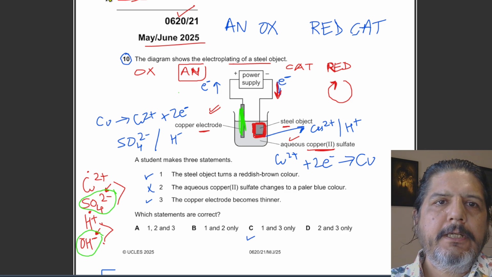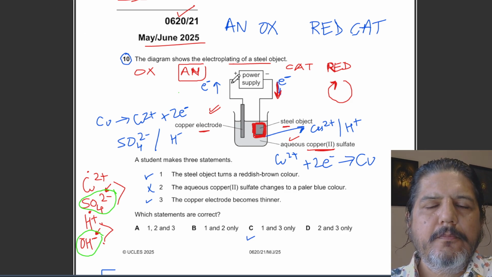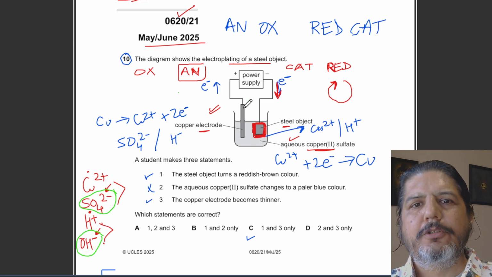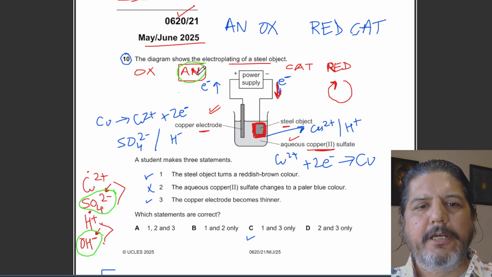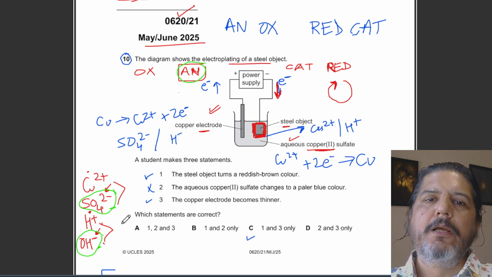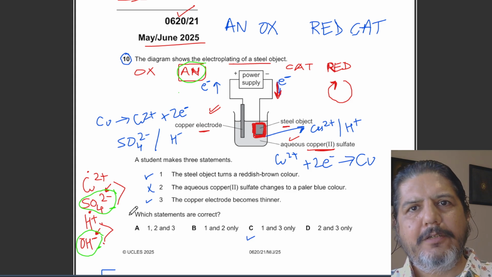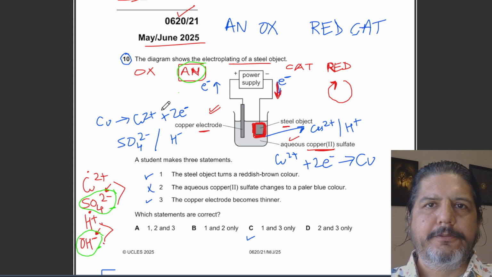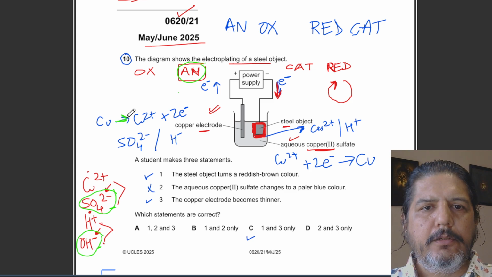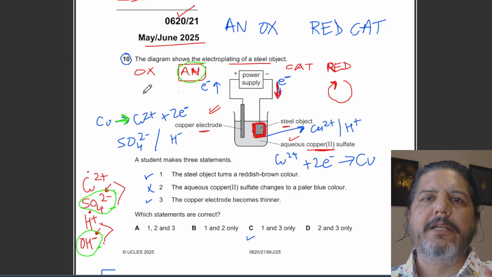So at the anode side there was a competition between sulfate 2- and hydroxide, which will get discharged. But what will happen here is that because the electrode itself is copper, copper gets discharged. So the whole of the process is hijacked by the electrode.